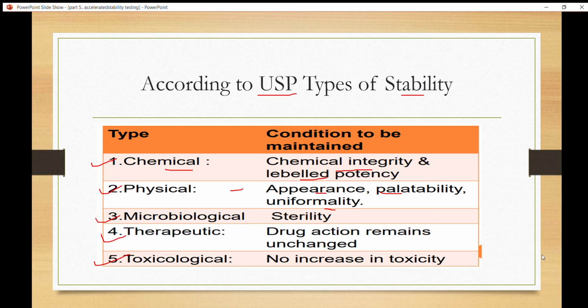In microbiological, we check the sterility of that product. In therapeutic, we check that the drug action remains unchanged. And in toxicological stability, we check there is no increase in the toxicity of the product.